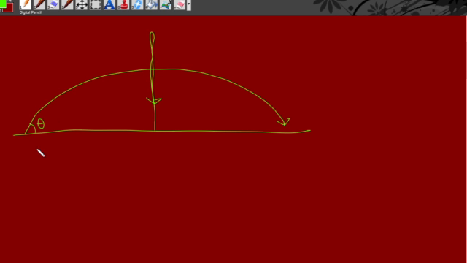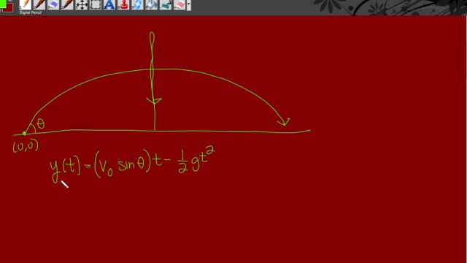Okay, so first let's look at the equations for the first ball. So let's look at the vertical position. The first ball, the problem specified it had some initial vertical velocity, which we'll call v naught sine theta. And let's call this point here the origin, just to make things simpler. So we have v naught sine theta t minus 1 half gt squared.